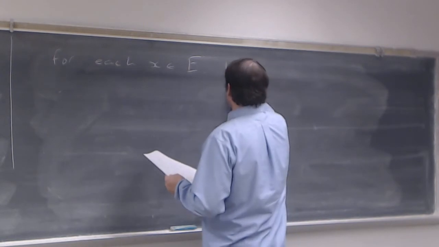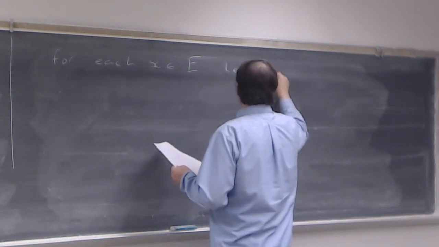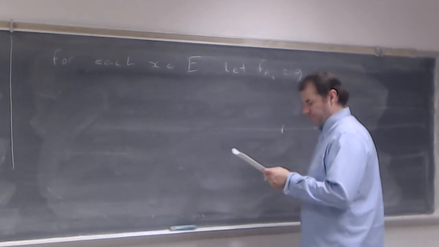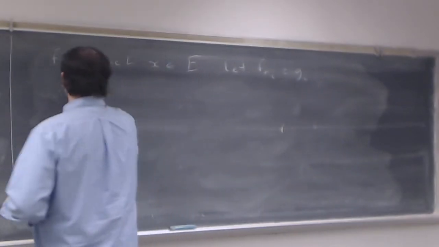Anyway, to simplify notation here, we're going to let f sub n sub i just be equal to g sub i. That's the way I want to define it, to simplify the notation.